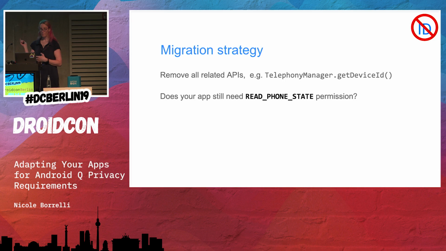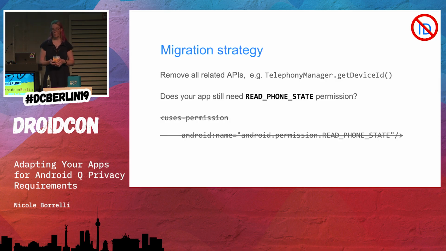So, the big thing here is to check to see if you're using getDeviceId or getIMEI or the build serial number, and check to see why you're accessing that and if another ID might be a better fit. And then after you've done that, you can remove the read phone state.